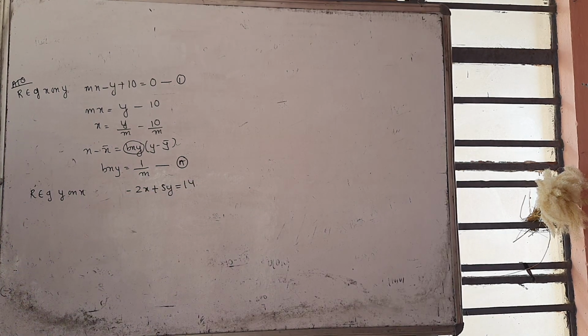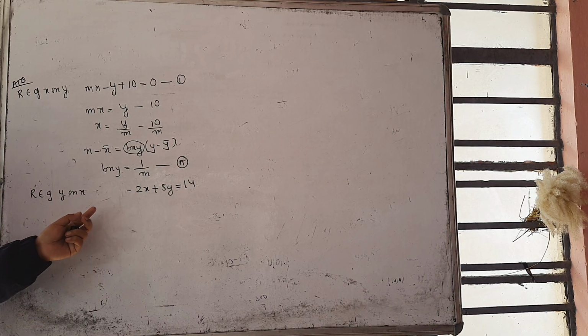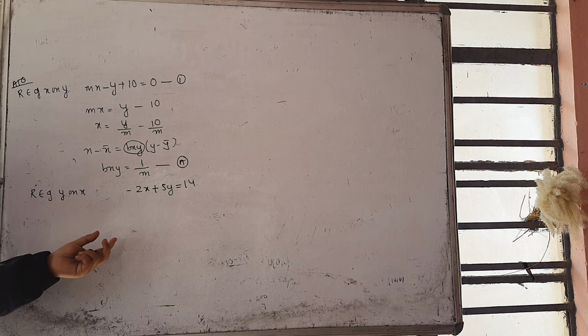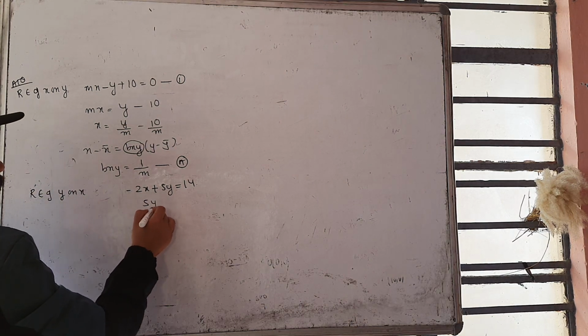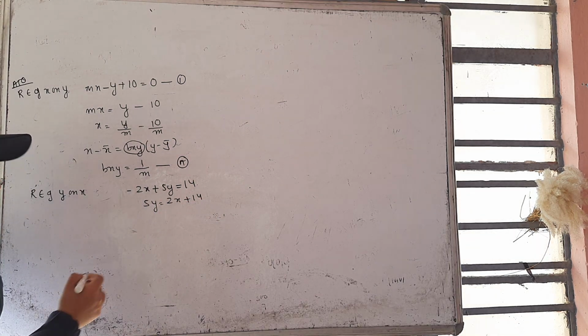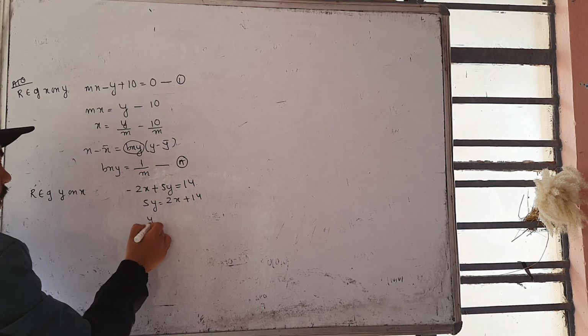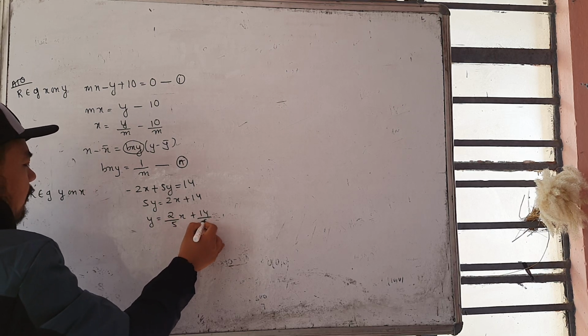This is the regression equation of y on x. So how do we do this? Y on x, so you have to make y the subject. Is it clear? Everyone make y the subject and tell me what do you get. Come on. 5y. Negative goes that side and becomes positive. Understood till here? So your 5 goes down. So what's the answer? y equal to 2 by 5x plus 14 by 5.